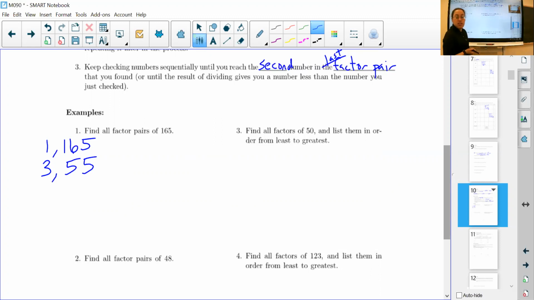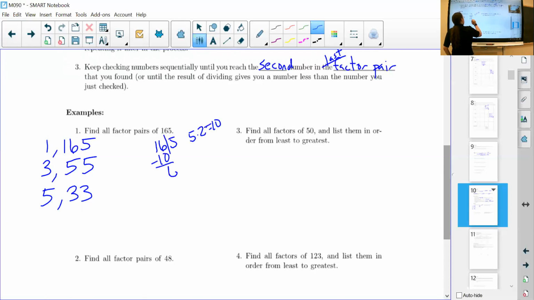2 didn't work, so 4 is out. But it ends in a 5. So we can divide 5 into 165. We get 33. Now we're going to keep on going. 6, well, really every even number is out, so we skip those. 7, let's see if 7 works. 165, split that off. 5 times 2 is 10.